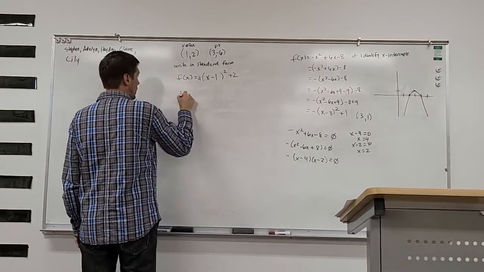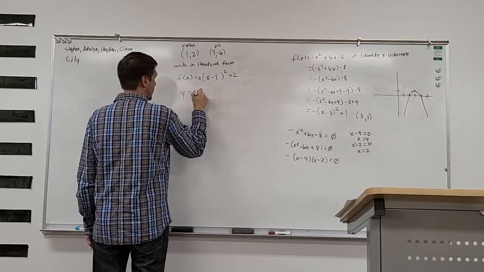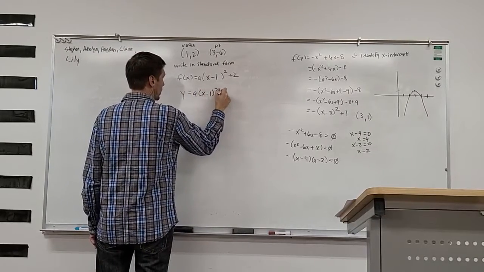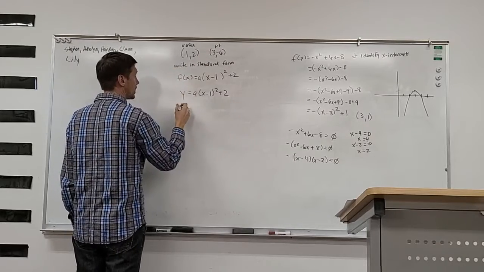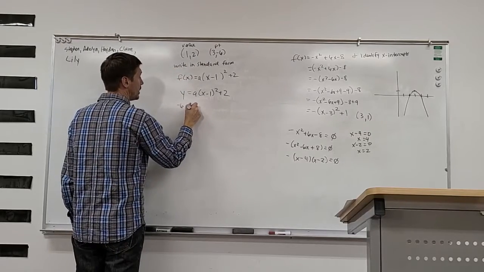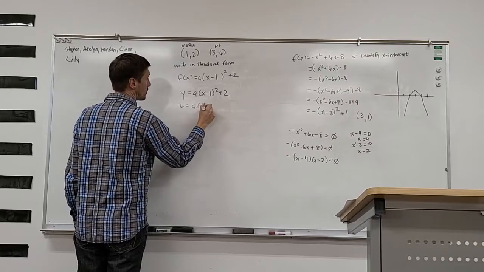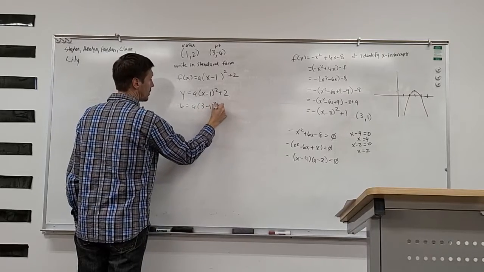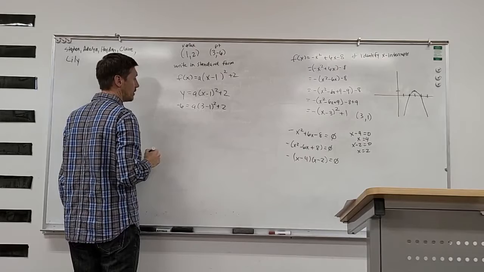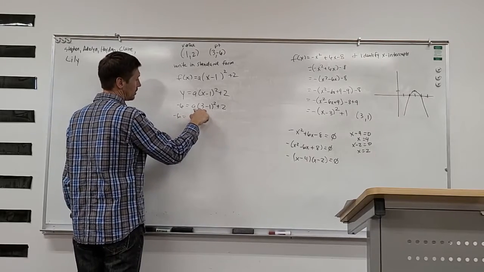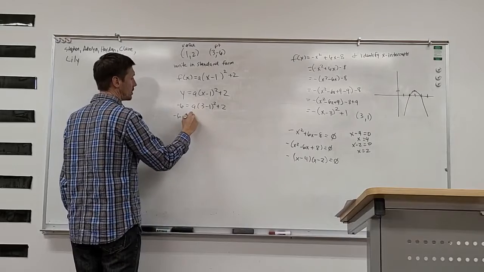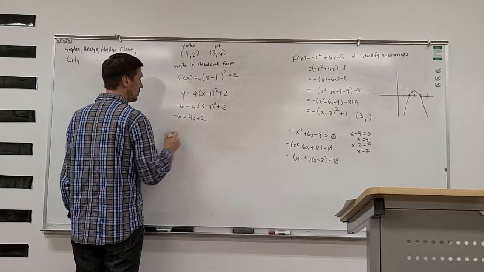So our equation, if we replace f of x with y, is y equals a(x minus 1) squared plus 2. So now we plug in our point, and our point here is -6 for y, and positive 3 for x: -6 equals a(3 minus 1) squared plus 2. So we're just going to multiply that out. This is just 2 squared, right, which is 4. So we got 4a plus 2.